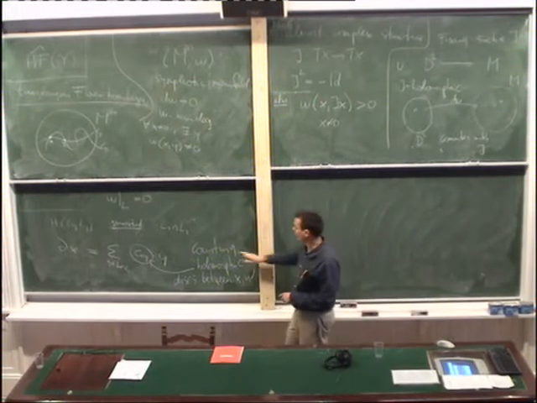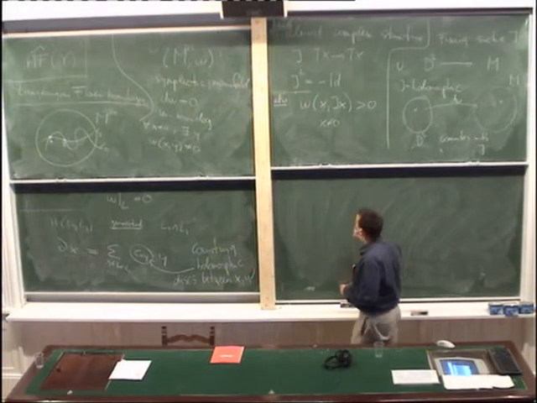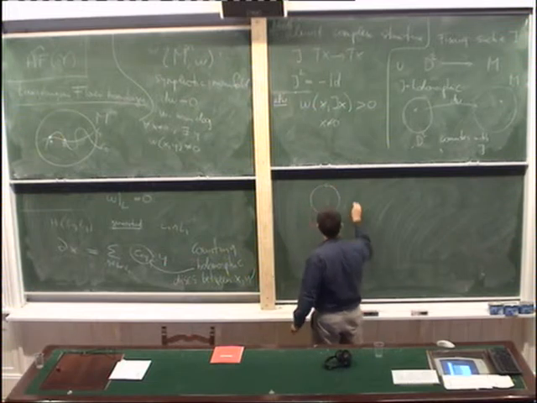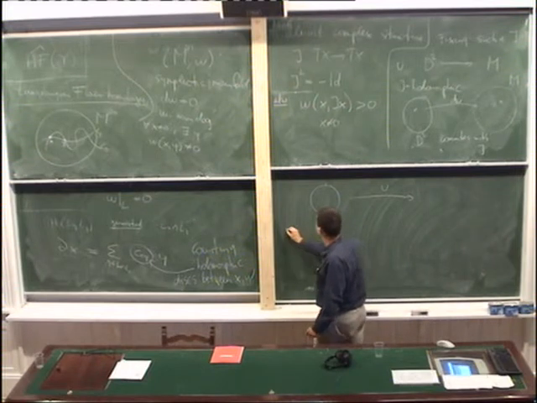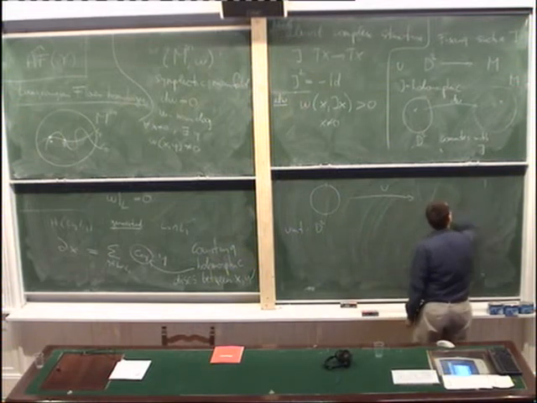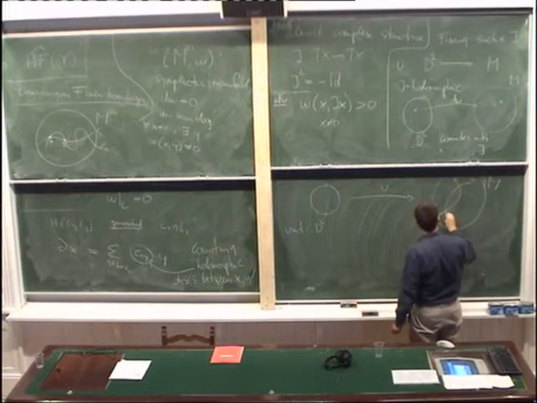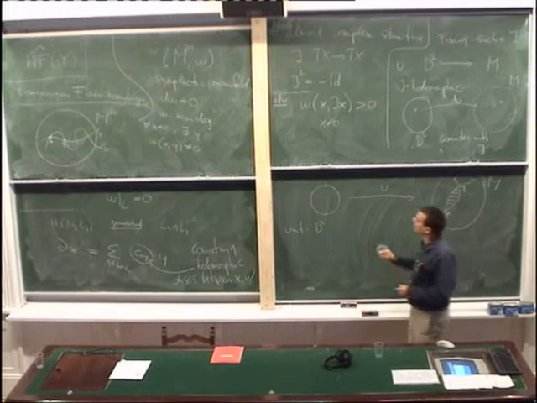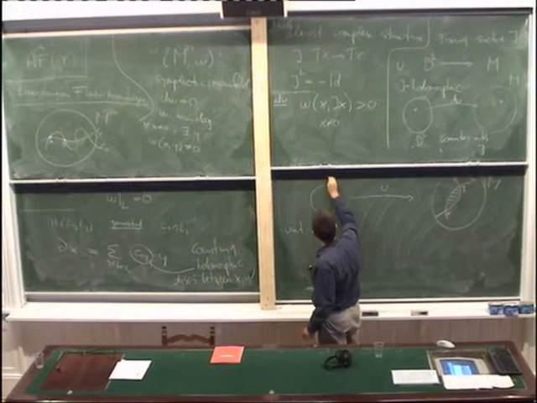And when I say counting J-holomorphic disks between x and y, I will be looking at maps u from the unit disk to M that interpolate between x and y. So more precisely, on this disk, this is minus i, this is i.